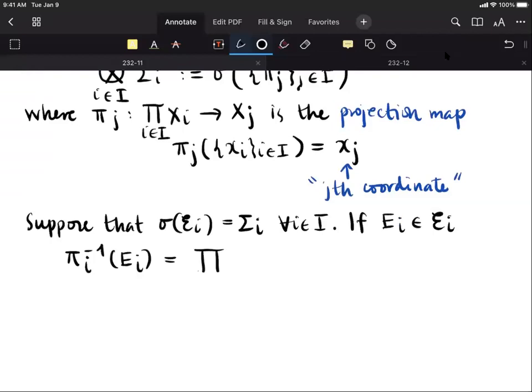Here, you take the Cartesian product over all indices except I of X sub j, cross E sub I.